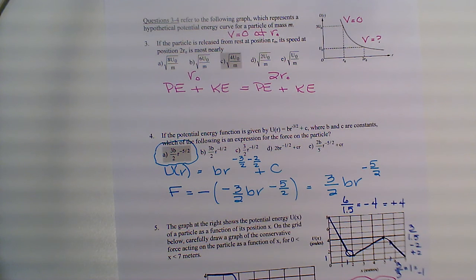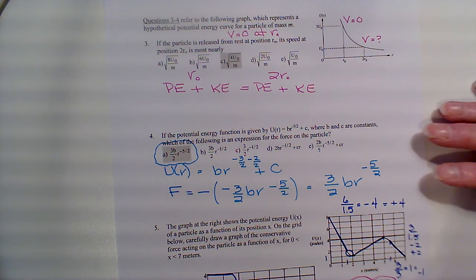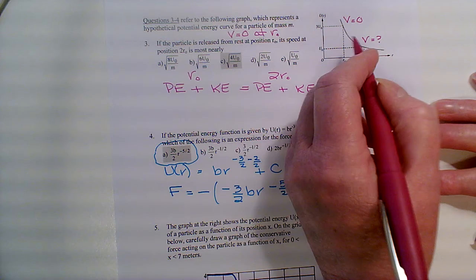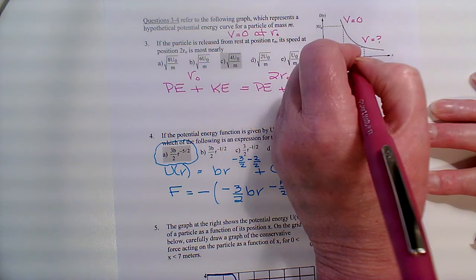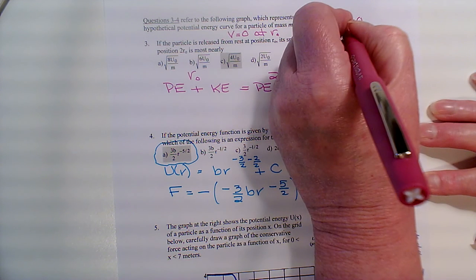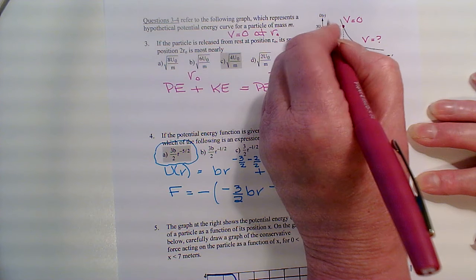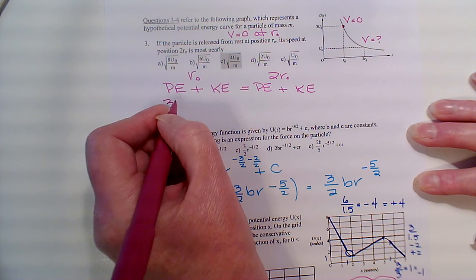So this is nothing more than reading the graph and writing down what it says. So we do know the potential energy at R0. Let's just read it off the graph: 3U0. I'm going to write that down, 3U0.